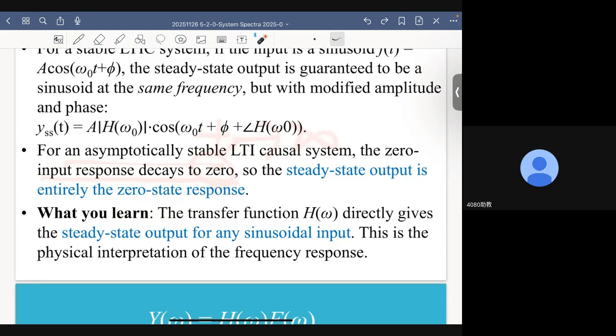So without any external inputs, all the response will decay to zero as time approaches infinity. So the steady state response is entirely the zero state response, which all comes from the transfer function.